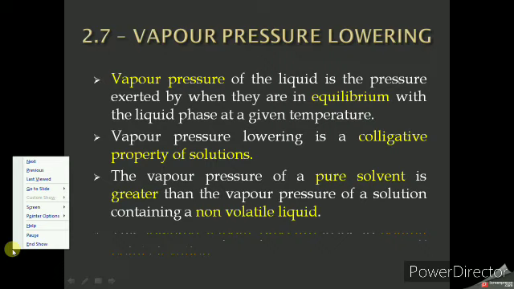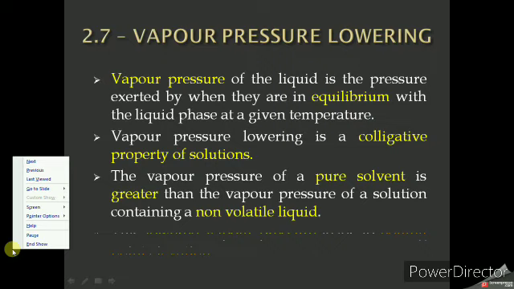When a non-volatile solute is dissolved in a solvent, some of the surface molecules of the solvent are replaced by non-volatile solute molecules, and these solute molecules do not contribute to vapors above the solution. Thus, the number of solvent molecules available for vaporization per unit surface area of the solution is less than the number at the surface of the pure solvent.